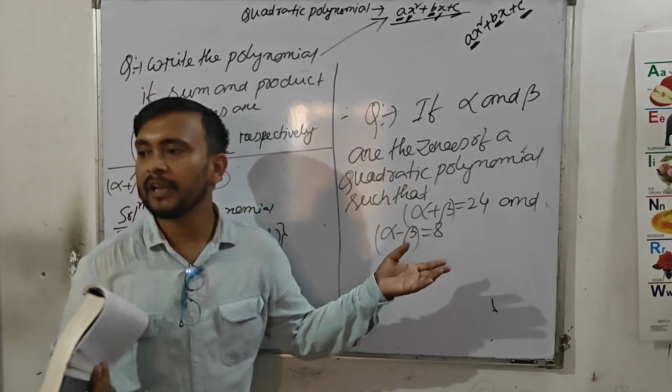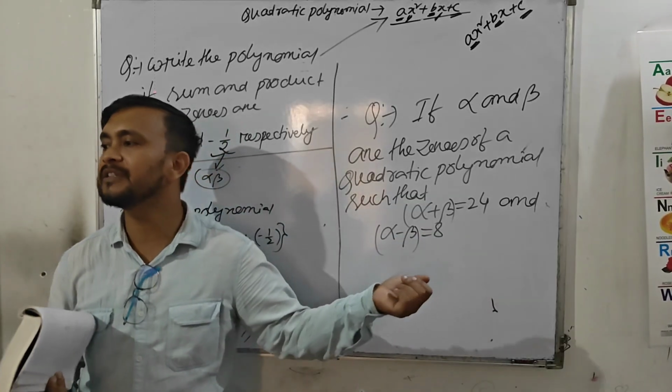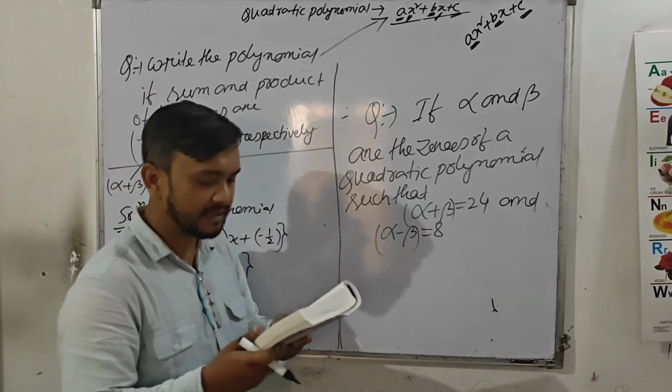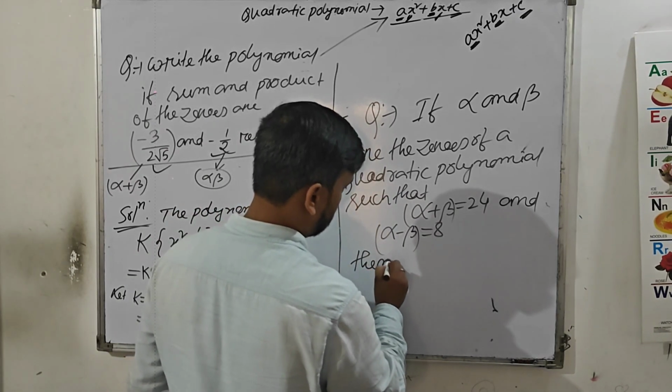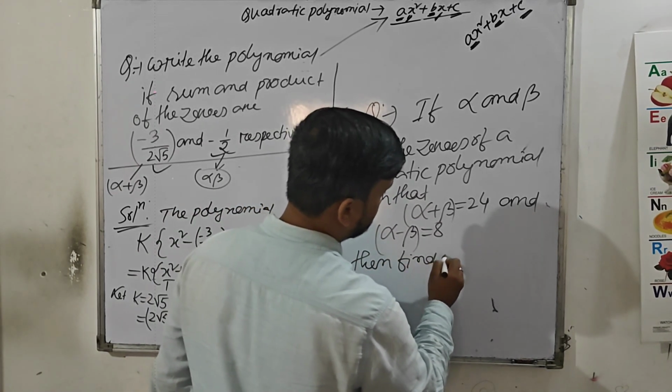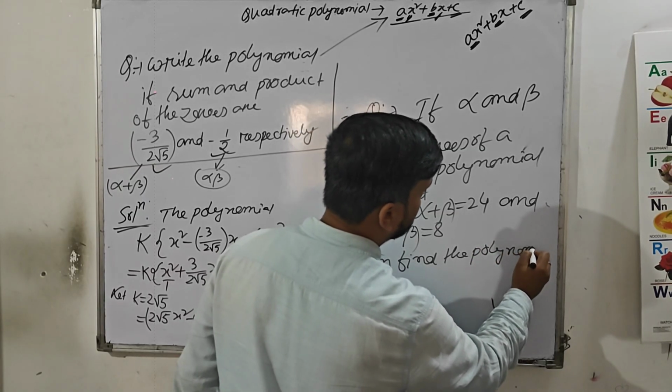Example: you can also phrase it as sum of the zeros is 24, difference of the zeros is 8. Then find the polynomial.